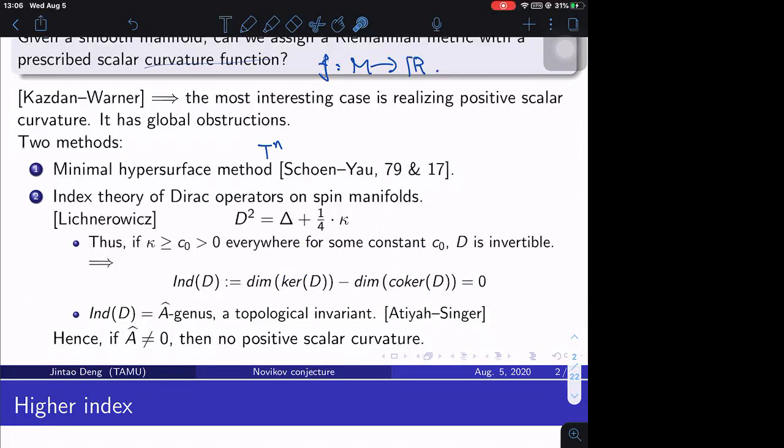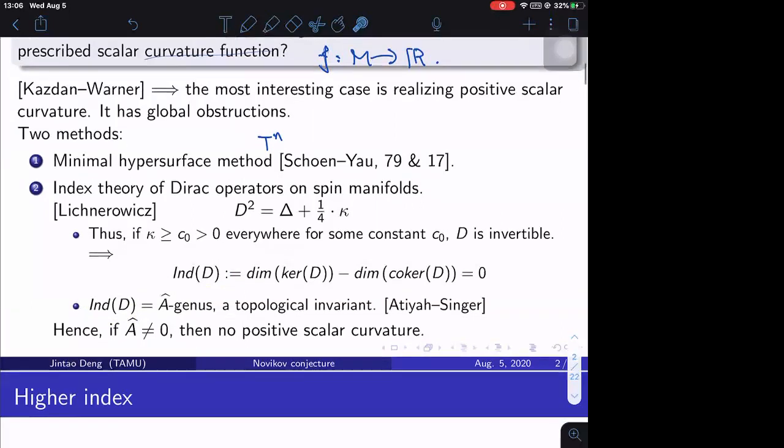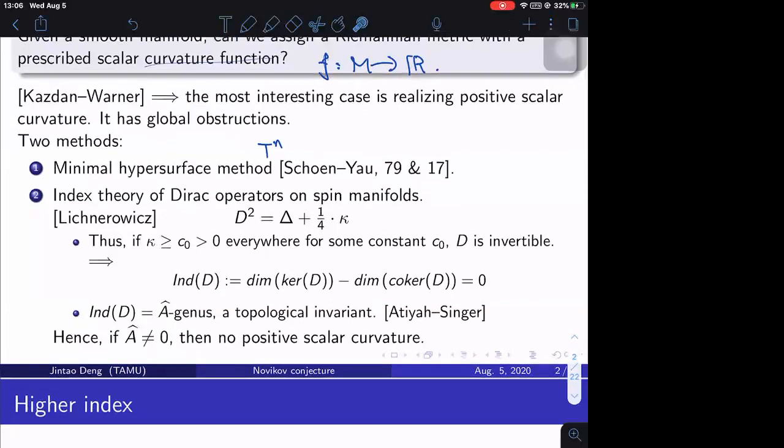Which means that if we want to find an obstruction to the positivity of the scalar curvature, we can compute the index of D. If the Fredholm index is not equal to 0, it is an obstruction to the positivity of the scalar curvature. By the Atiyah-Singer index theorem, the Fredholm index of D is given by the A-hat genus, which is a topological invariant.